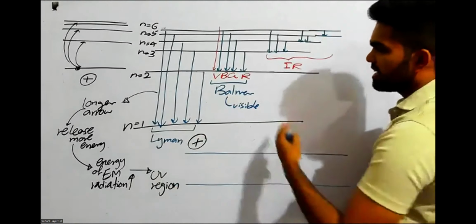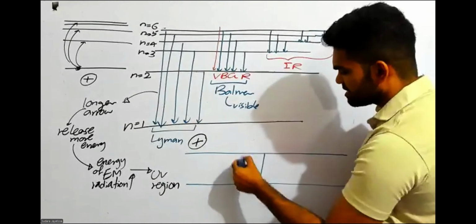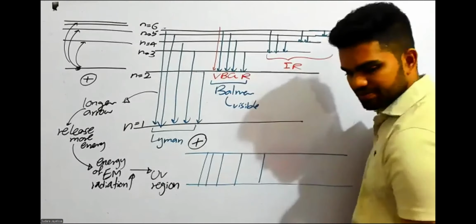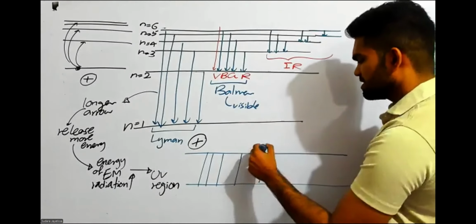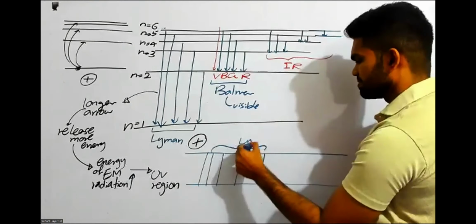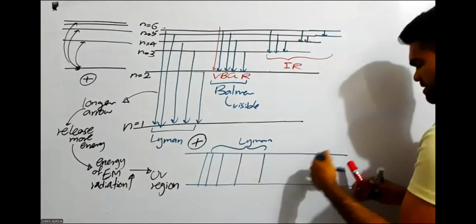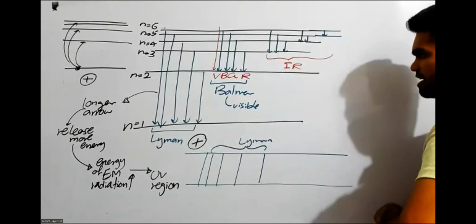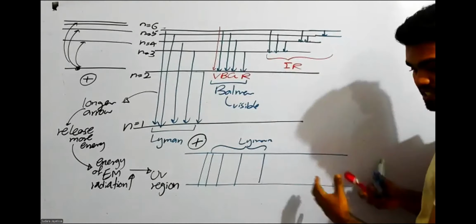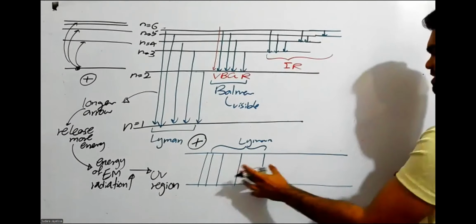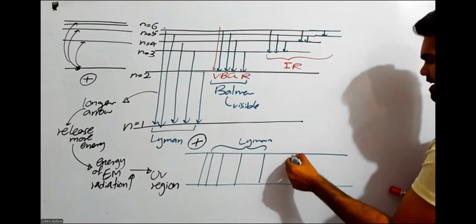Right, now you can see higher energies are there in the Lyman series. So Lyman series lines will have larger gaps. This is the Lyman series. And then the Balmer series. It's not a small distance between Balmer and Lyman, actually they are widely separated. But for the drawing purpose, we will draw them a little bit close by.